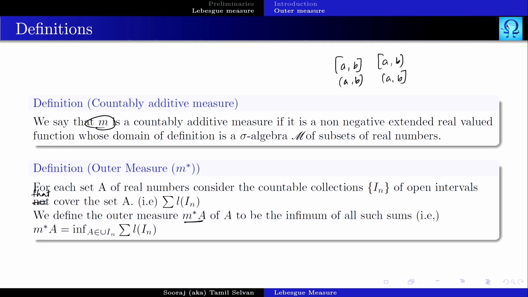Whatever is given to you, we can always find a collection of open intervals that covers that particular set. Precisely, it is a countable collection. Sometimes we may need an infinite number of sets to cover a particular set, but even if we choose some infinite collection, it has to be a countable collection.